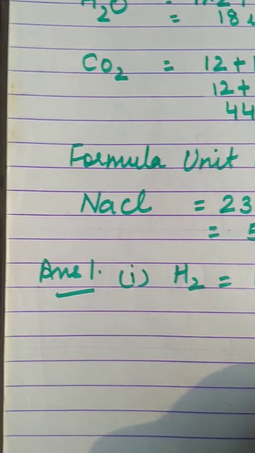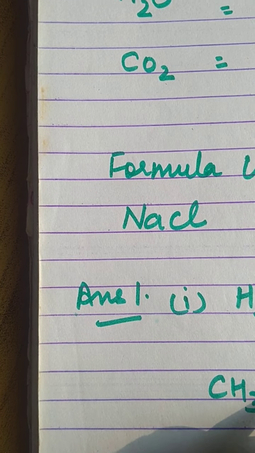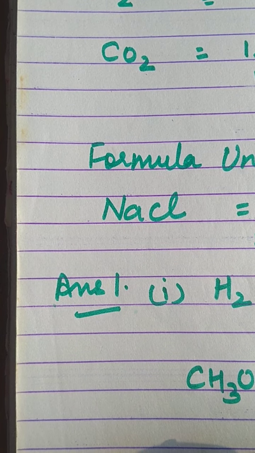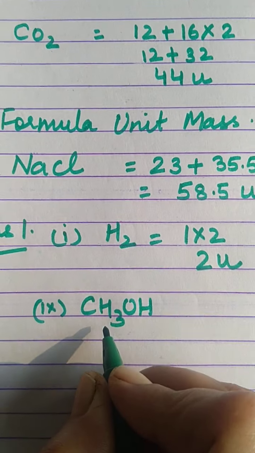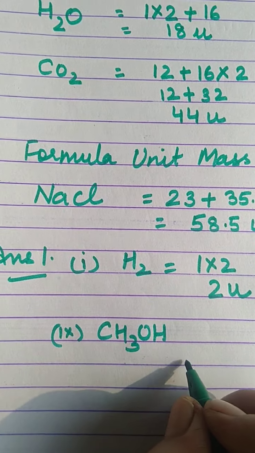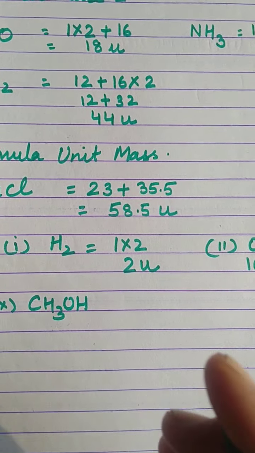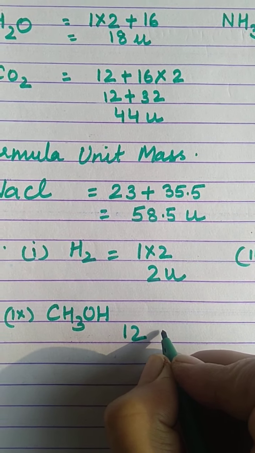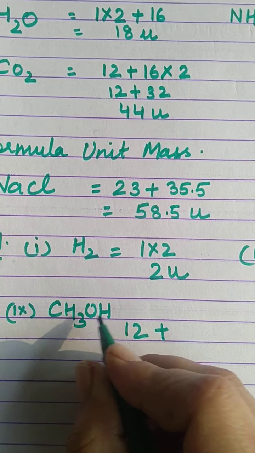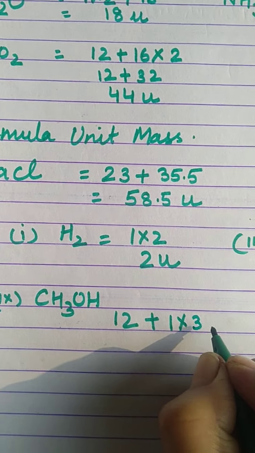Right, students? There is the last part, CH3OH. This is the ninth part. So how will you do it? Carbon atomic mass is 12. So it is 12 plus hydrogen 1. How many hydrogen atoms? 3.